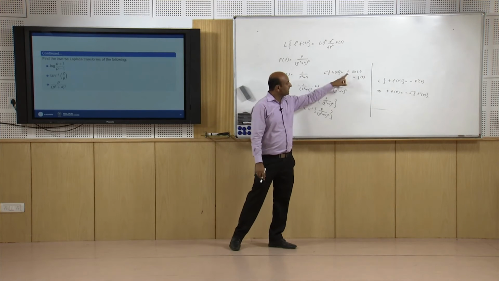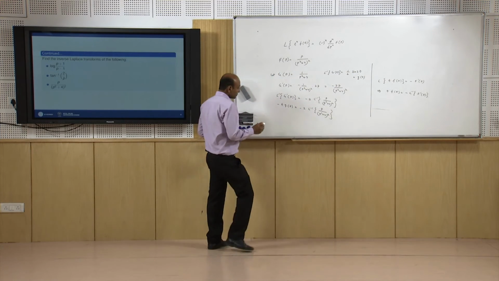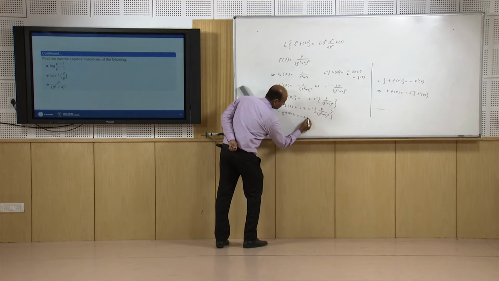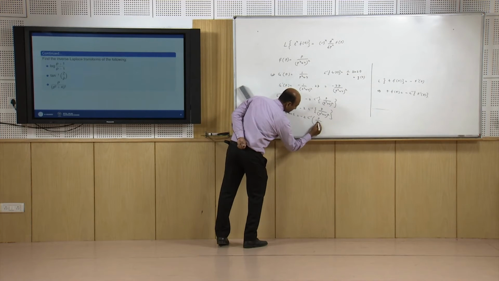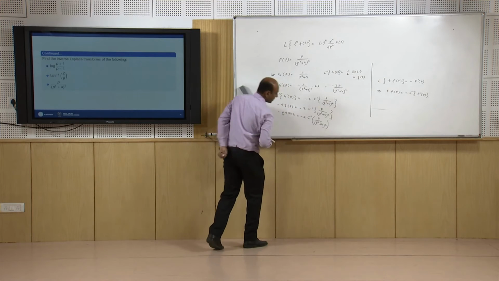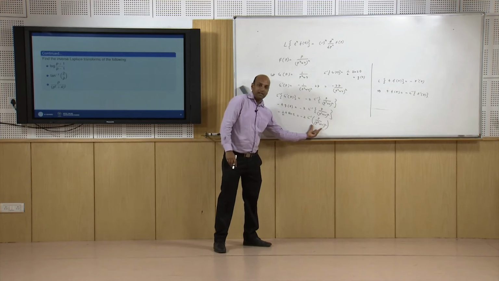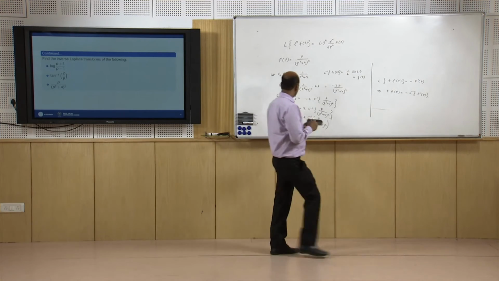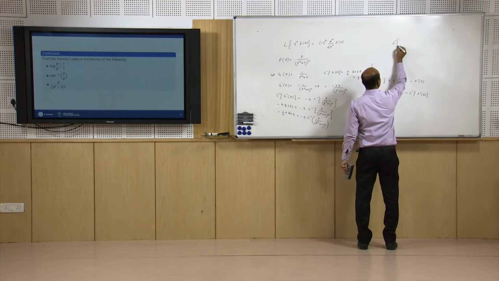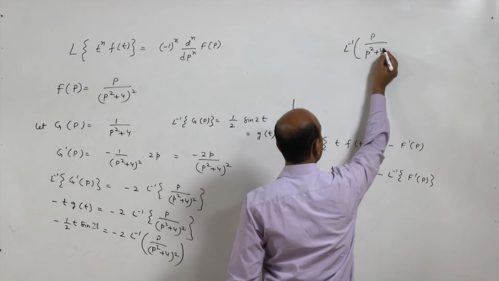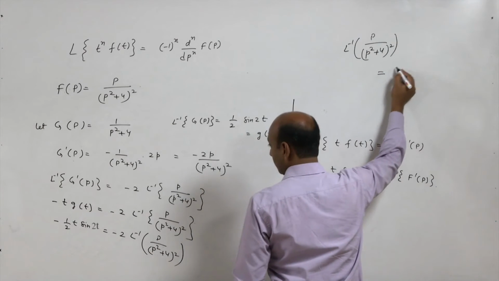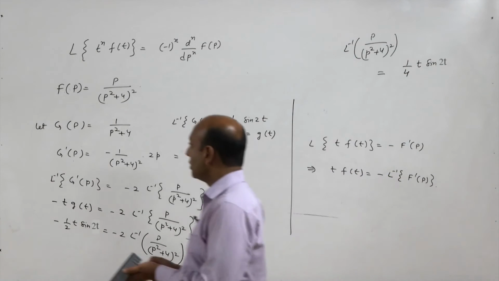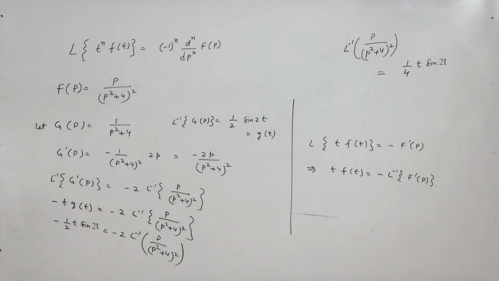So, Laplace inverse of G(p) is g(t), which is given by this. So, minus 1 by 2 t sin 2t is equal to minus 2 Laplace inverse of this expression. So, Laplace inverse of p upon (p square plus 4) whole square will be nothing but 1 by 4 t sin 2t. So, this is how we can find out Laplace inverse of this expression.